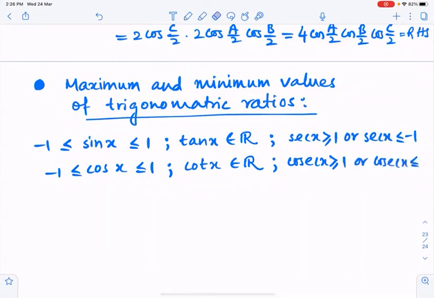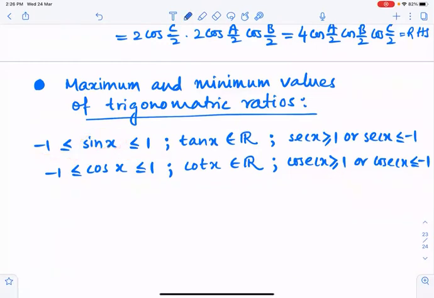These are the limits of these functions. Sin x value always lies between minus 1 and plus 1, and sin x and cosec x are reciprocal to each other. So if sin x value is less than 1, then cosec x value is greater than 1. If sin x value is greater than minus 1, then cosec x value is less than minus 1.